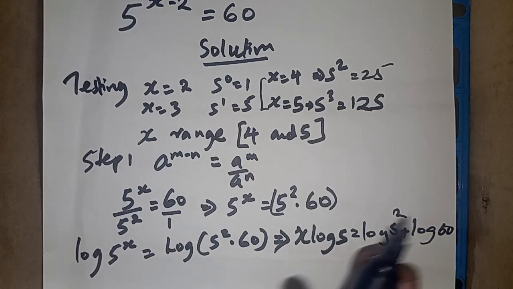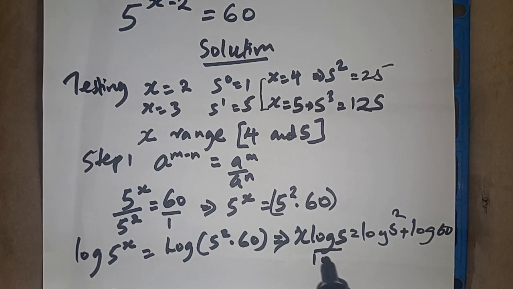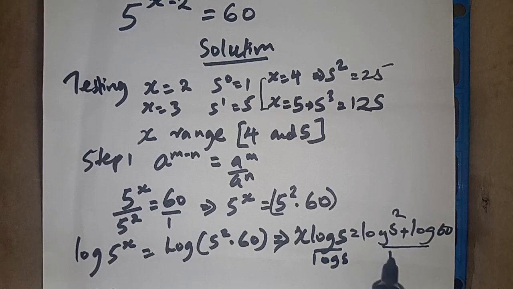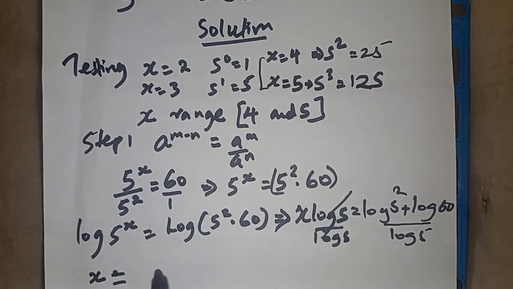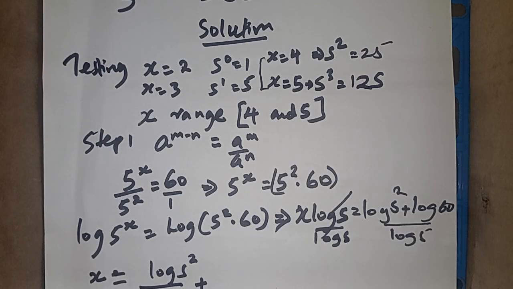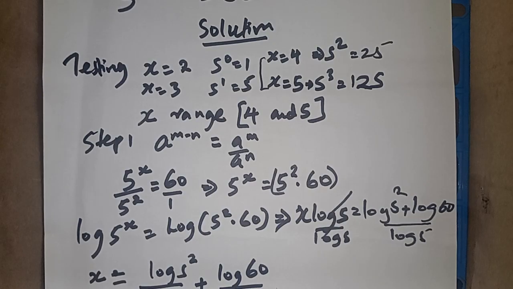At this stage, I'm going to divide all through by the log of 5 so that x, dividing all through by log 5, this and this cancel, and then x becomes the log of 5 squared divided by log 5, plus the log 60 divided by the log 5.